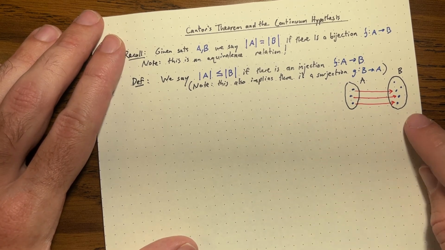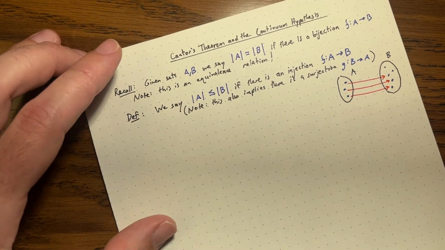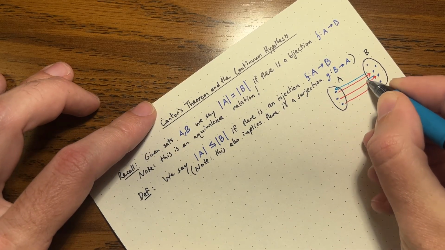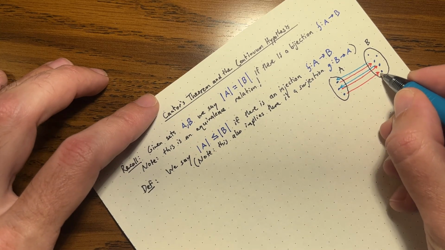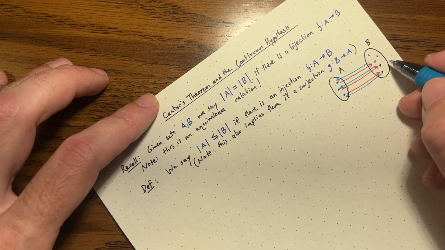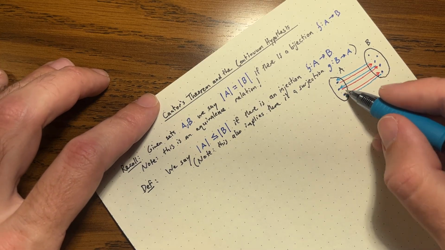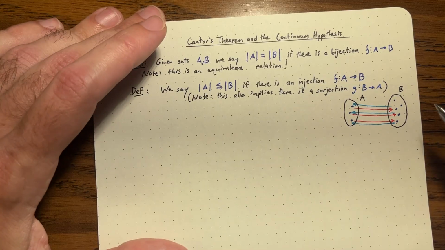Why does this imply that there's a surjective function going the other way? Well, if we have an injective function, you simply reverse those arrows, and there's going to be no ambiguity because it's injective. Everything in the range of this function is going to map to one well-defined element.